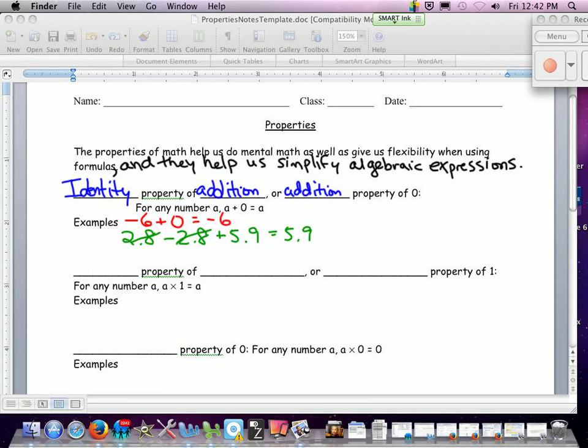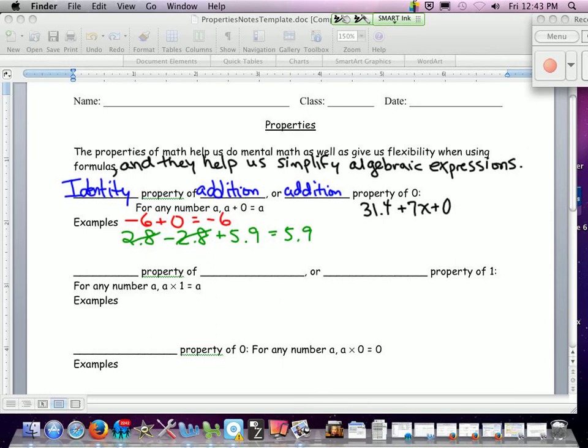But now the example that we're going to add that's a little different than what's on the online notes is that we might have some variables involved too. So 31.4 plus 7x plus 0. If we were presented with that, we can just drop the plus 0.